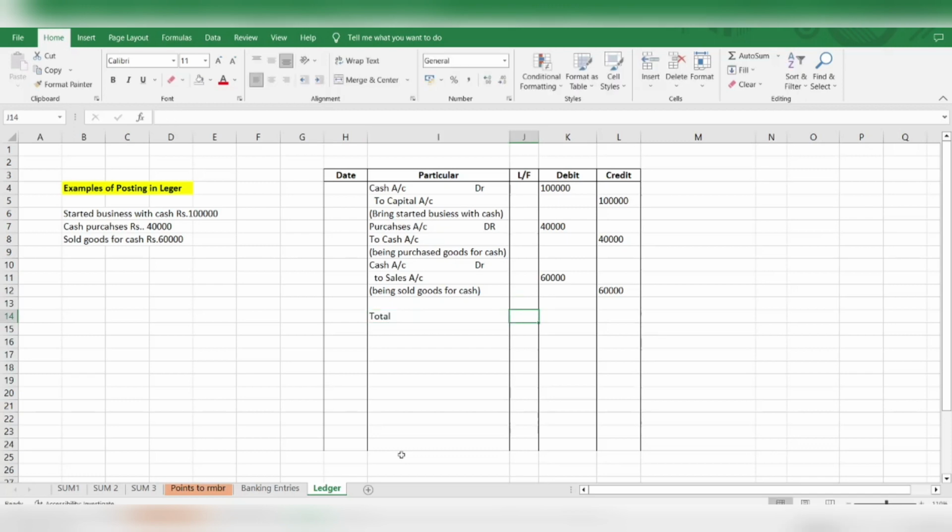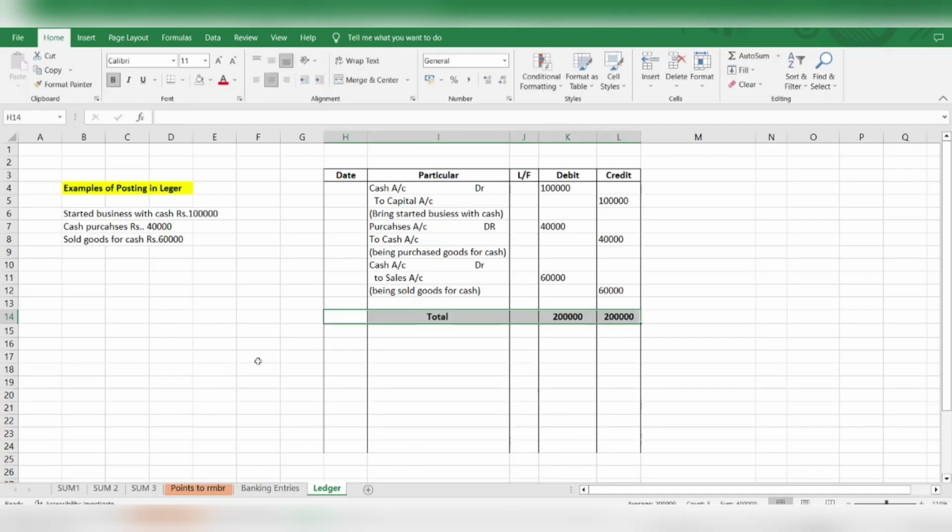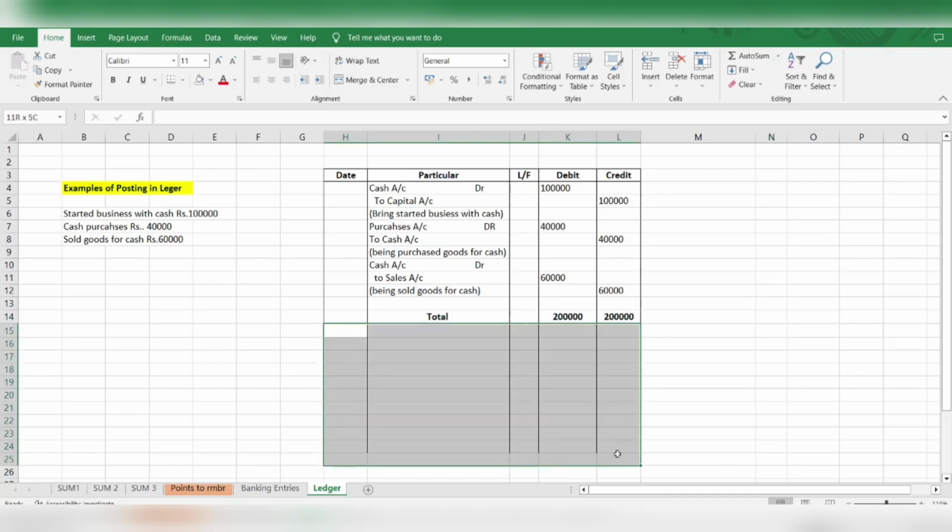Our total of the ledger is 2 lakh and 2 lakh. This is how we analyze the transactions and record in journal. Now let us understand about how to post them in ledger.